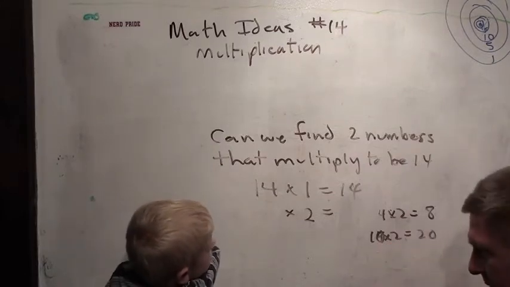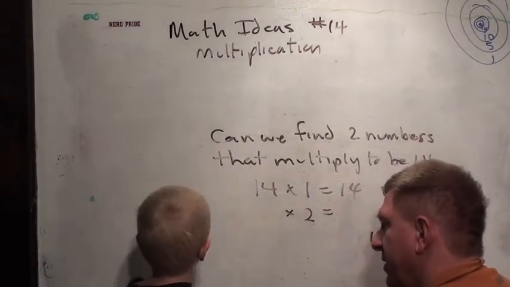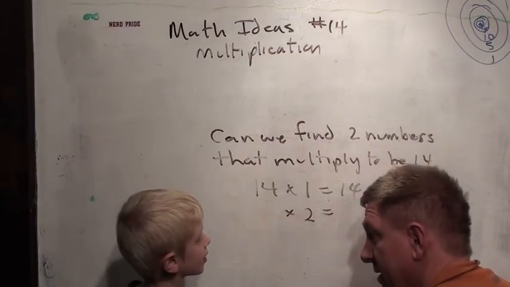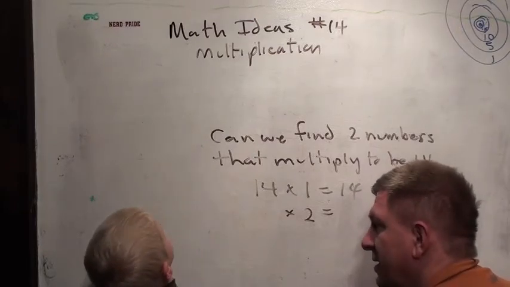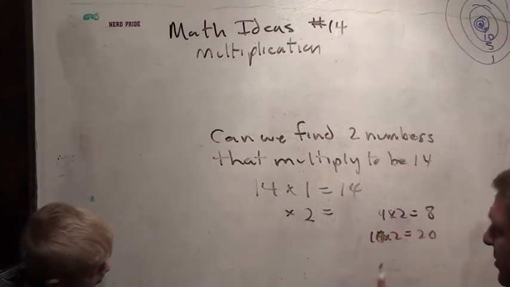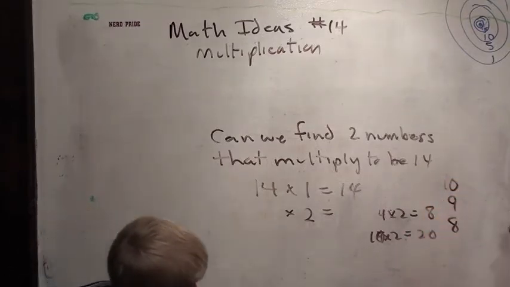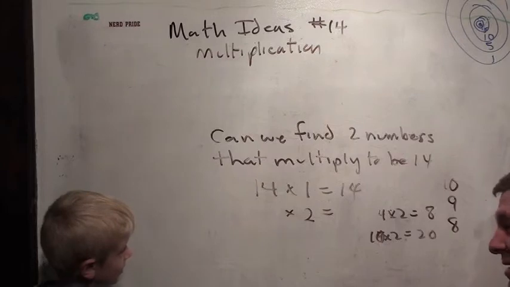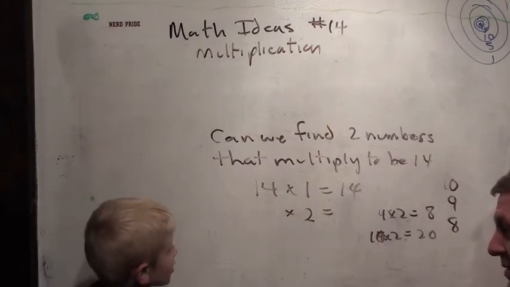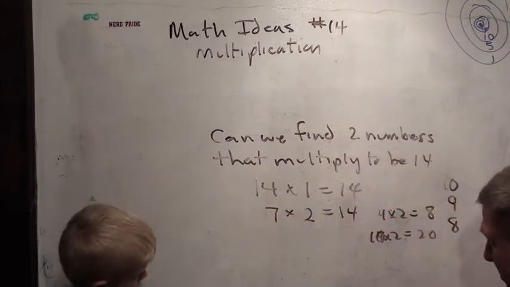Oh, we tried 4 already. We already tried 4, and 4 was too low. So we tried 10, 9, 8. What should we try next? 7. What's 7 times 2? 14. 7 times 2 is 14. Wow, see, when you keep trying, sometimes you find the right answer.